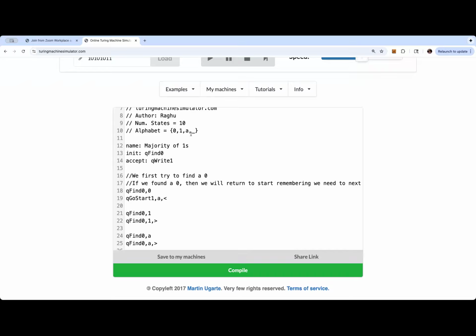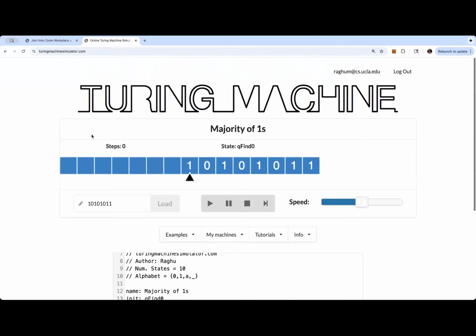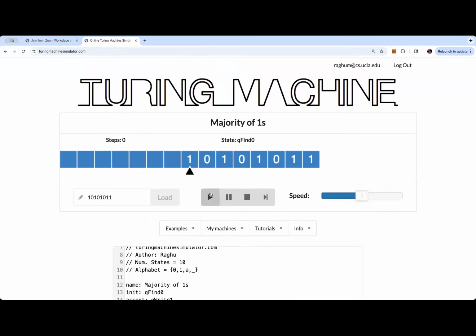Underscore is the empty symbol for this particular simulator. And A is just my placeholder. I need one extra symbol other than that. All right, let's run it. Okay, speed up, speed up, speed up.